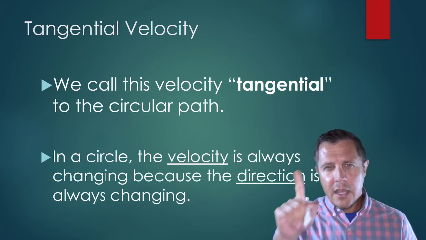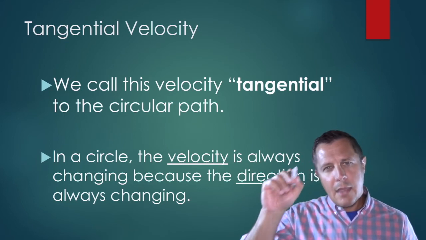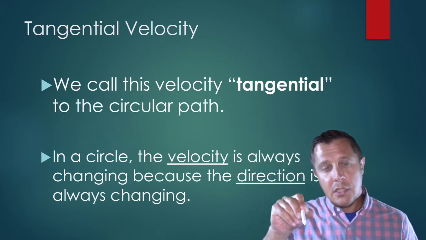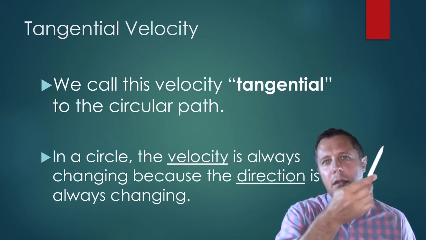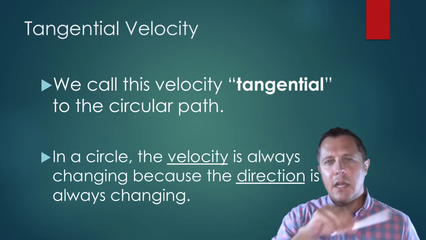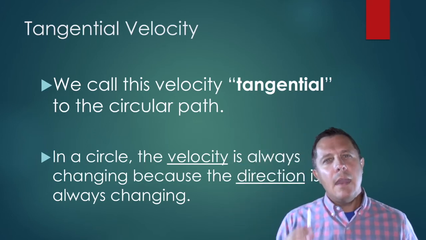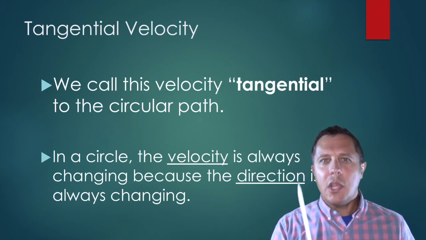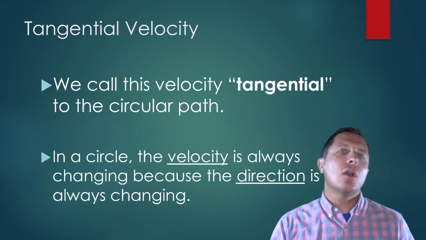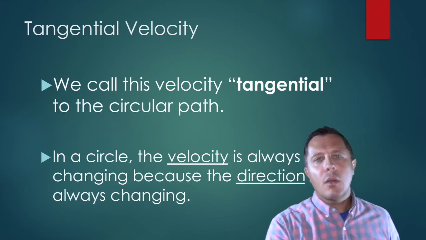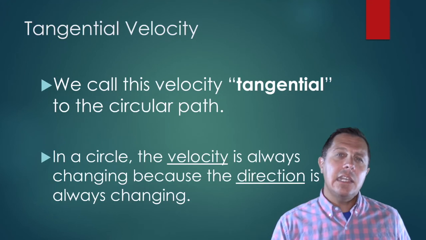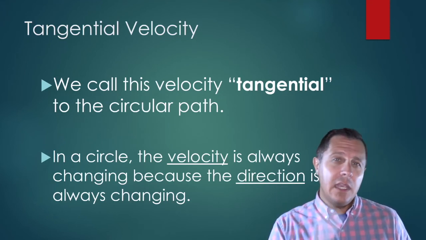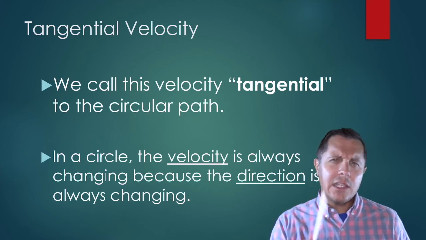But if we think about this velocity again, remember, at every point in time in that circle, that velocity is changing. We just said it's always perpendicular. At every point in time, that velocity is going to be perpendicular. And now that means something. If the direction is always changing, and you've learned from the beginning of the year that velocity is both speed and direction, so direction is important.